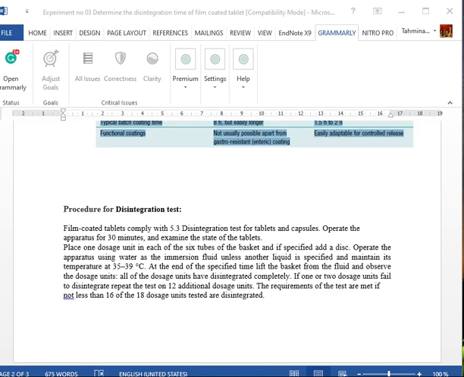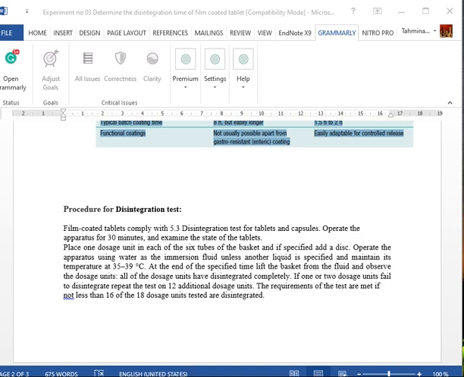Okay, what is the procedure for the disintegration test? Film coated tablets comply with 5.3 disintegration test for tablets and capsules. Operate the apparatus for 30 minutes and examine the state of the tablet. Place one dosage unit in each of the 6 tubes of the basket and, if specified, add a disc.